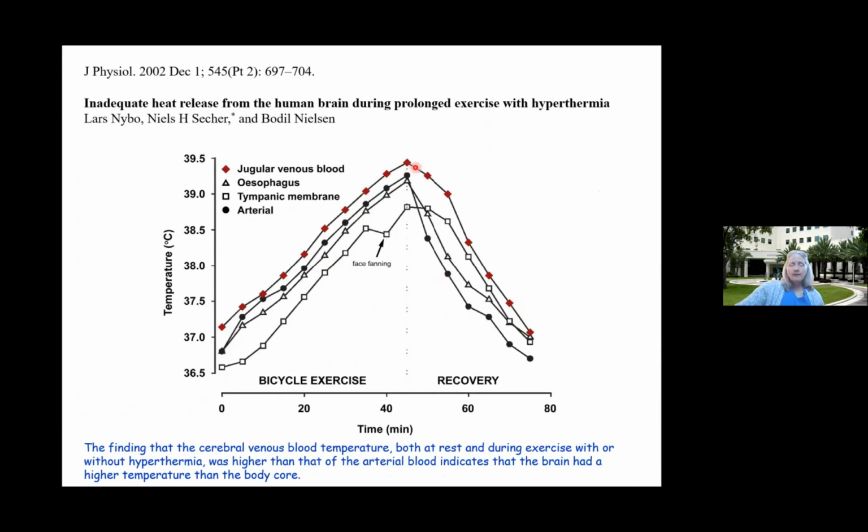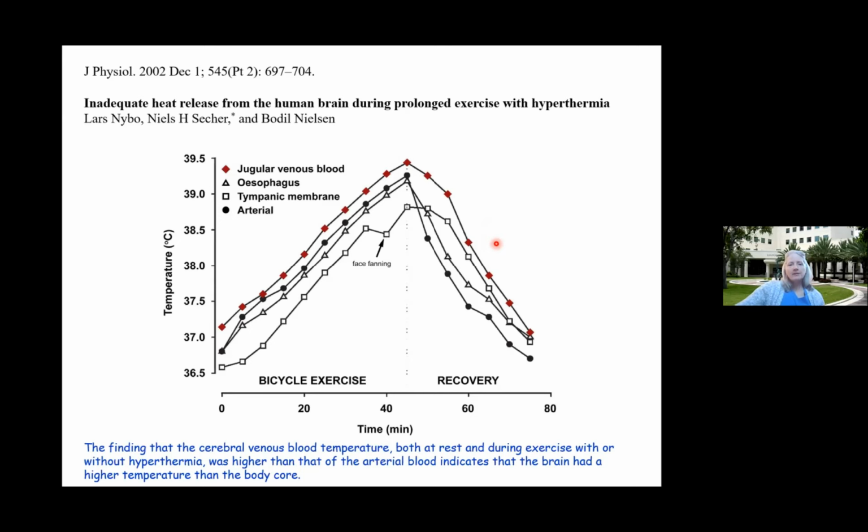So what's happening in the venous blood, and the brain does have a higher temperature than the body core during exercise. So exercise can have an impact. Let's say someone who is 72, and they're playing tennis and they fall and hit their head, and they're hot. It's not a good thing.